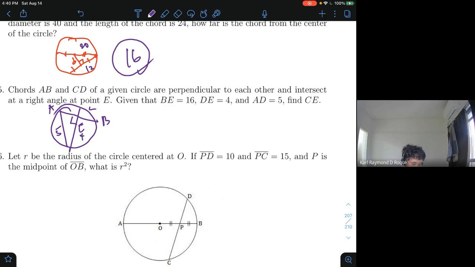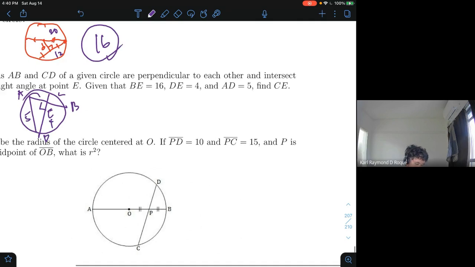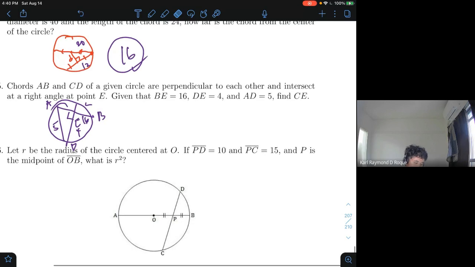ED equals 4. A equals 3. B equals 16. Find CE. So, madali lang yan. Ano yan? 3. Tapos, by power of a point, 12 dapat yan.